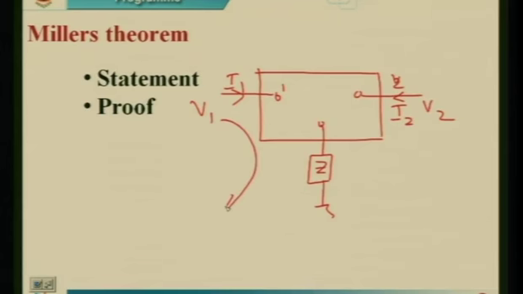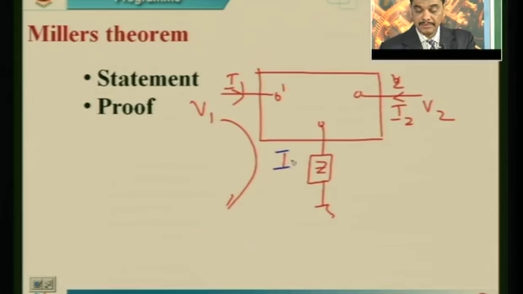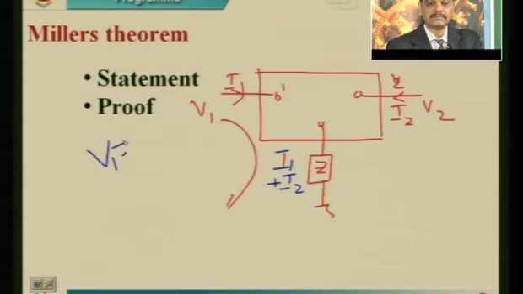Therefore, we have to determine the current flowing through this, which is the sum of the two currents, I1 plus I2. To determine the equivalent impedance, as per the definition, Z1 is equal to V1 by I1 and Z2 is equal to V2 by I2. Applying KVL at the input side, V1 is equal to Z into I1 plus I2.